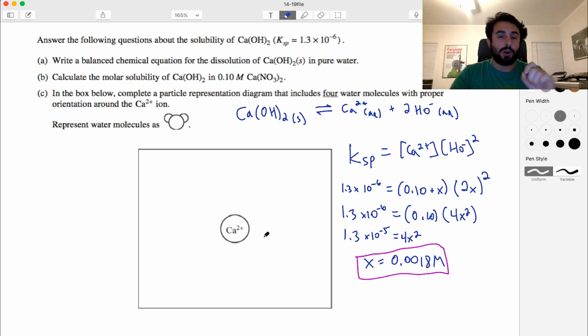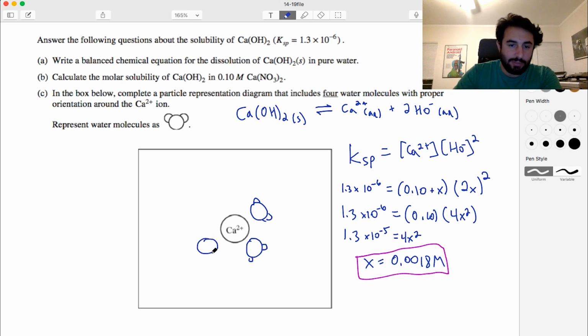So we need to draw these water molecules correctly. We need to show them like this, right? Because the oxygen end is going to be the one that's interacting with the calcium 2+. So we'll do that, and then we just have to make sure to make it very clear that the hydrogens are over here, not on this side. So I'm not the best artist of all time, but as long as you do something that looks pretty much like this, it's going to be quite clear.